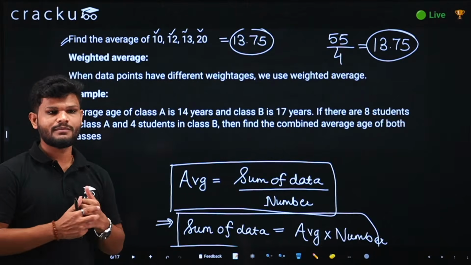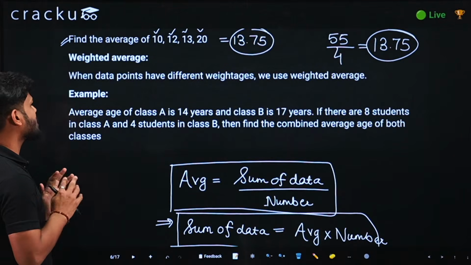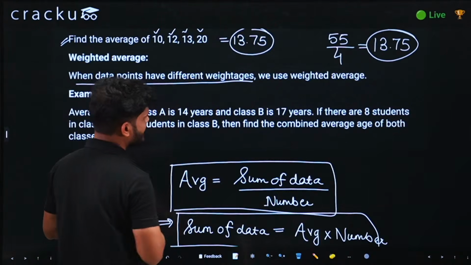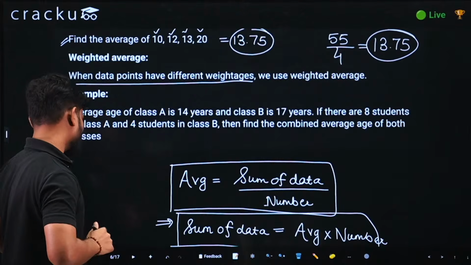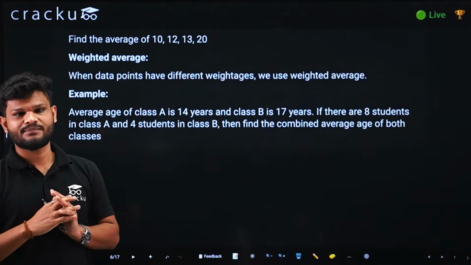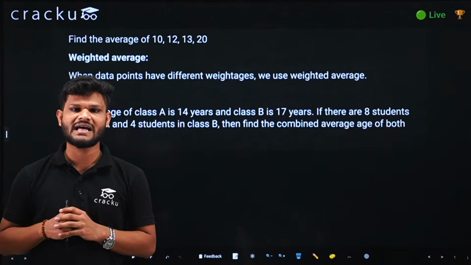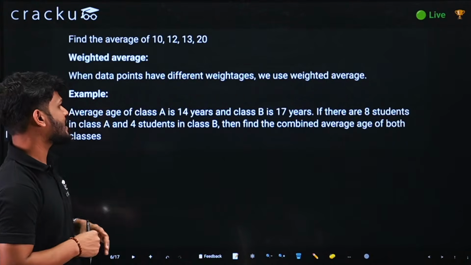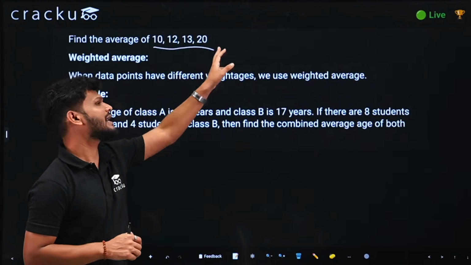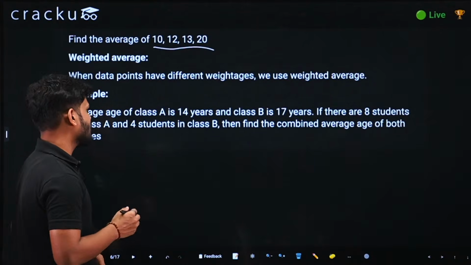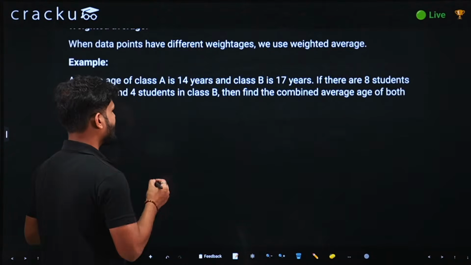Now, one more important thing is weighted average. When data points have different weightages, we use the weighted average. All of you might have seen your scorecard. In a scorecard, each subject will have different credits, different weightage, different importance. At that time, you cannot just add your marks and divide by the total number of subjects. You need to take a weighted average.